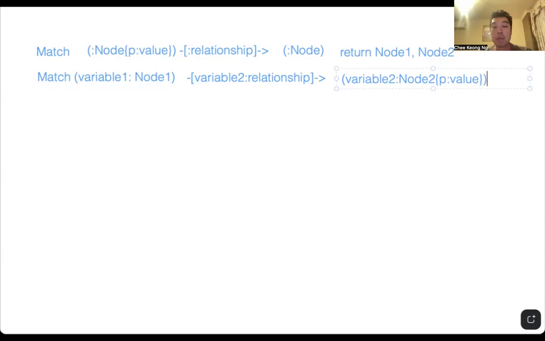And then after that, I'll try to return node one and node two here. So this will be the full syntax if you want to add in the variables.